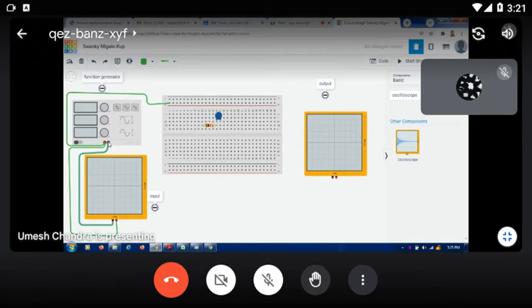Now I give the negative the same way, the upper holes are all negative. Now positive is given: terminal number 1 of the resistor is positive. This is the positive.